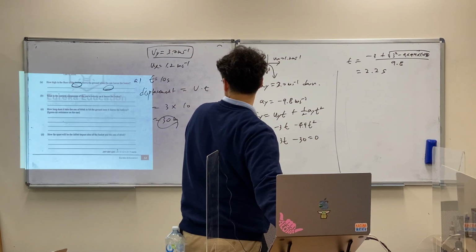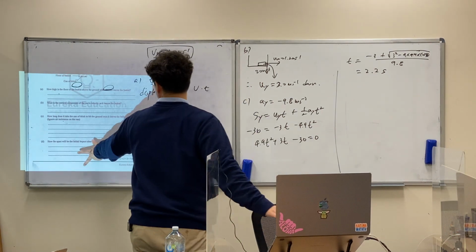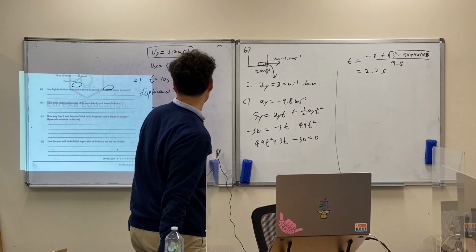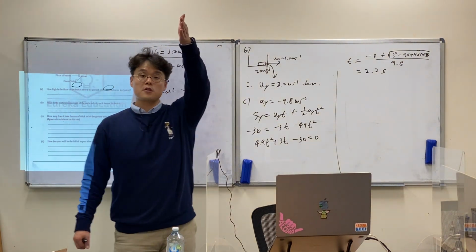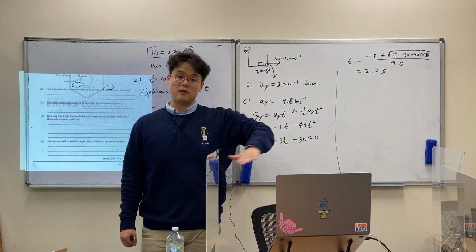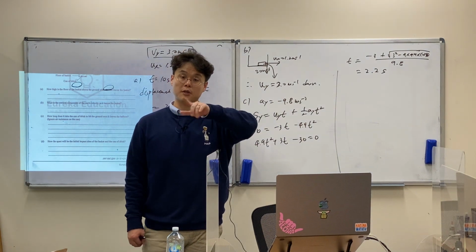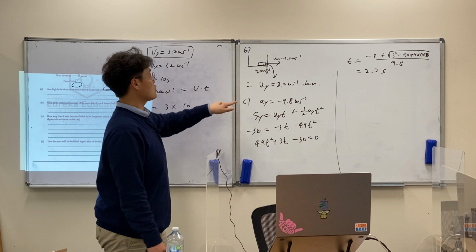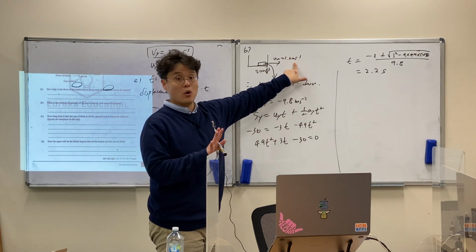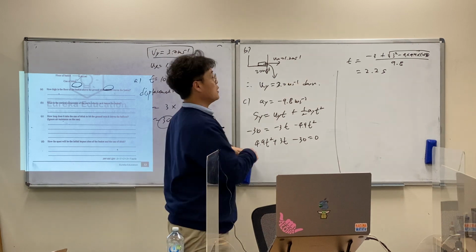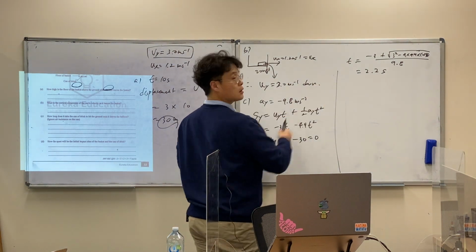There's D. Oh, sorry. How far apart will the initial impact sites of the balloon and the can of drink be? It will be easy. Assume the balloon will be just going vertically down, so there will be no change horizontally. But the can, remember, has UX of 1.2 meters per second initially, and we assume there's no air resistance, so this will be the same as your Vx.